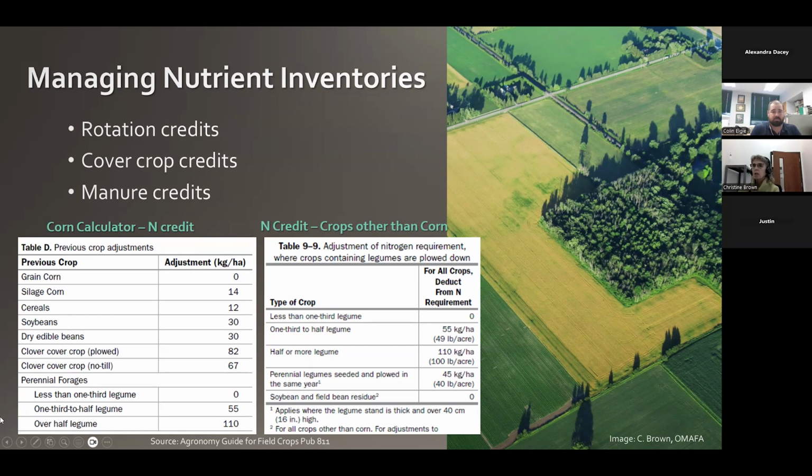I'm not going to spend much time on these credits, except to say that the credits are different if we're looking at corn versus if we're looking at any crop in general. And those are available in the agronomy guide and in the corn calculator.